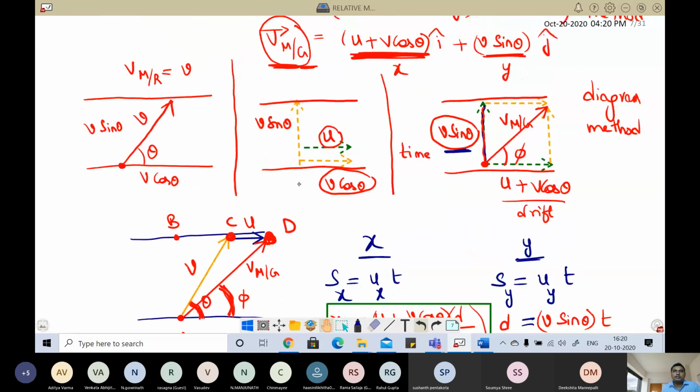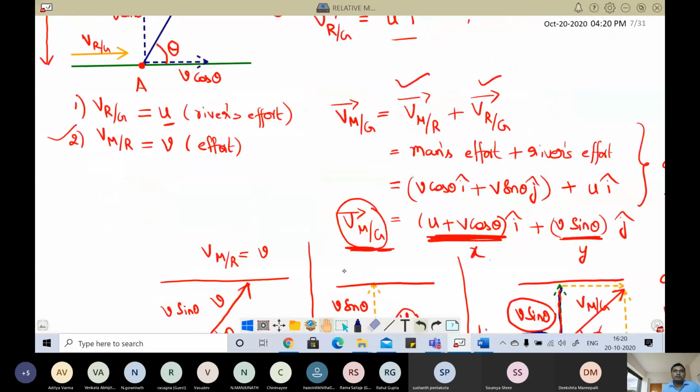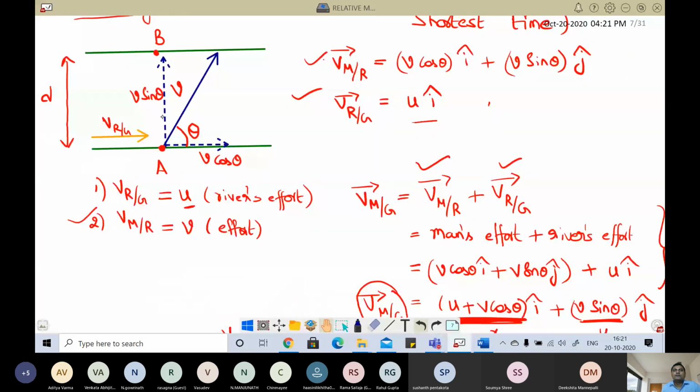So that means in this diagram you can cross the river when you cross it at an angle of 90 degrees, like this. Yesterday we have seen. So when you cross like this, that means your effort is in this direction. Please remember, this is your effort.